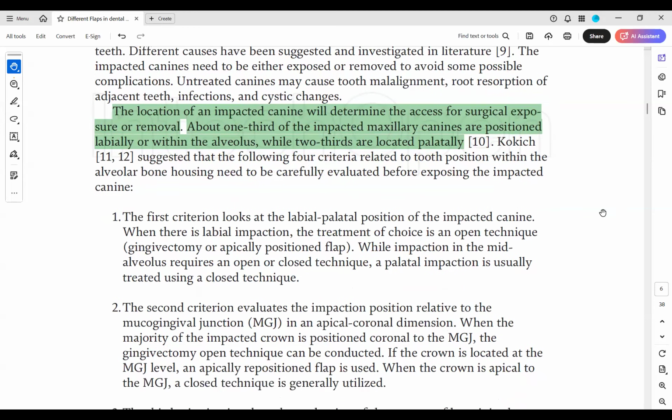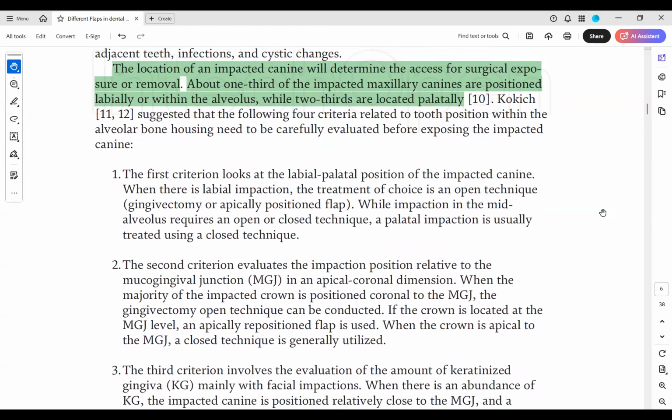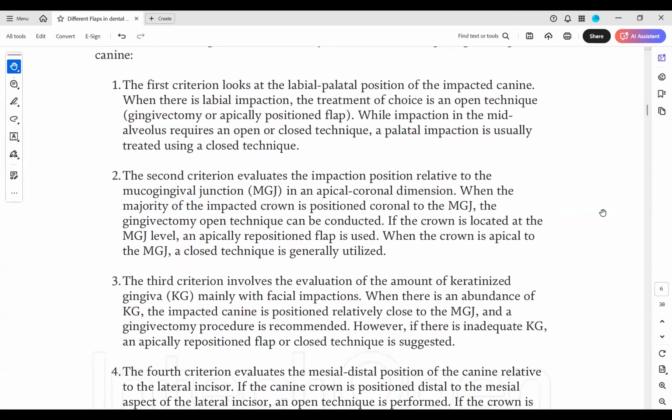Now, for your treatment, we are going to talk about how you surgically expose the canine, and then with orthodontic traction, bring it down into alignment. There are two different methods: one is an open technique, the other is a closed technique.